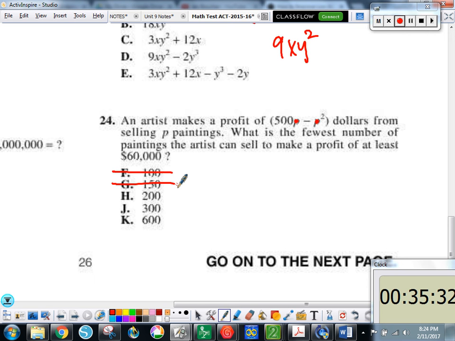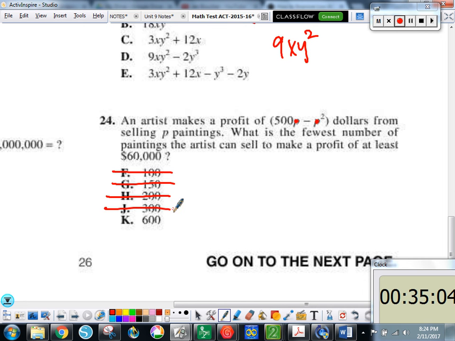Not that one. Plug in 200, you get 60,000. This isn't at least 60,000, it's exactly 60,000. You plug in 300, you get exactly 60,000. So it's not that one either.